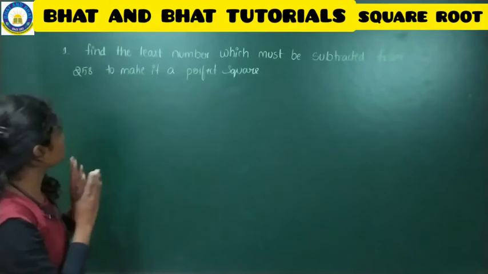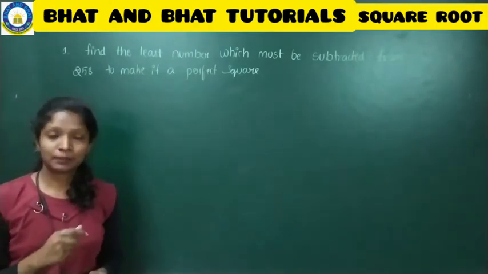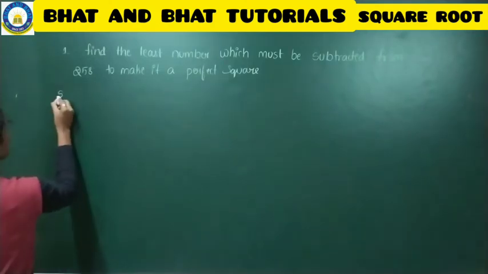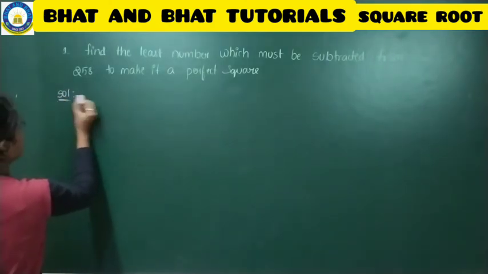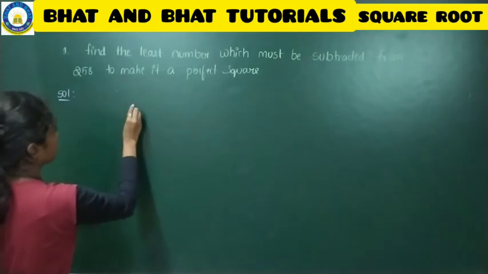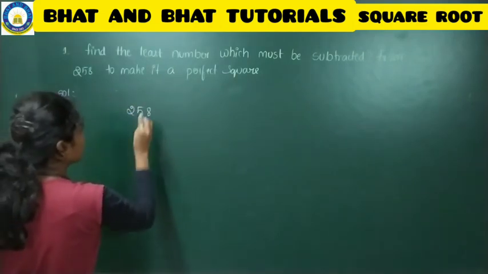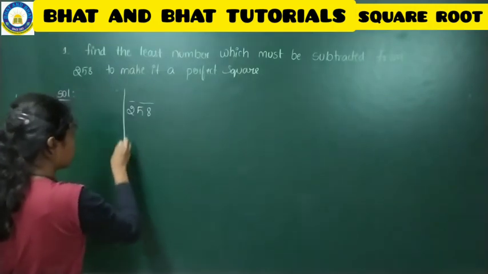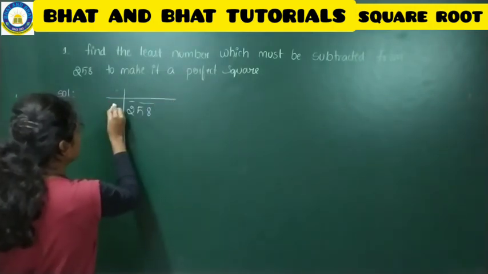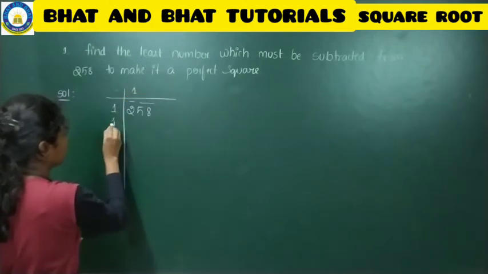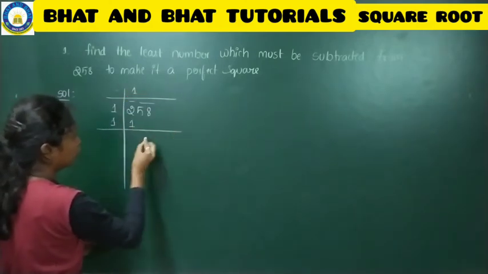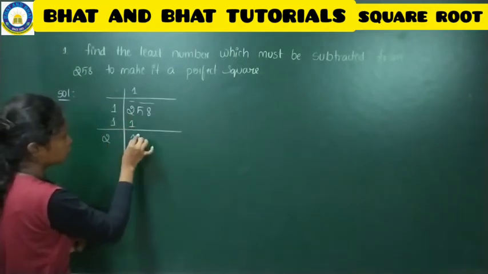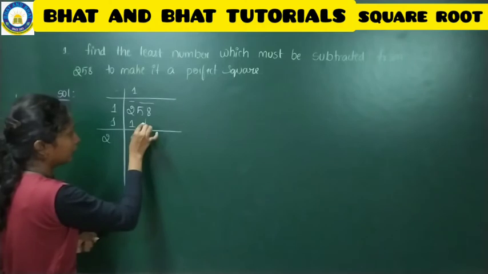To see that, first we have to solve 258 either in prime factorization method or in division method. So let us solve that. Here the number is 258. I'll go with the division method. 1 ones are 1, 2 minus 1 it is 1, and 1 plus 1 here it is 2, and I take down 58.